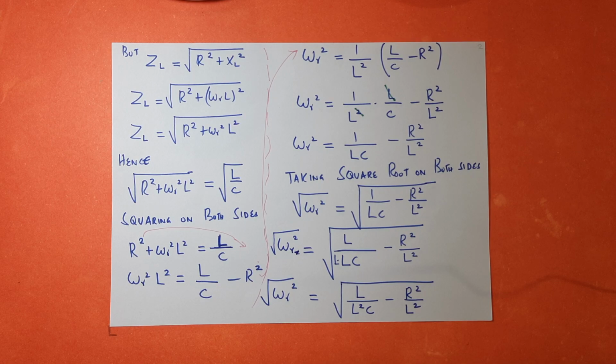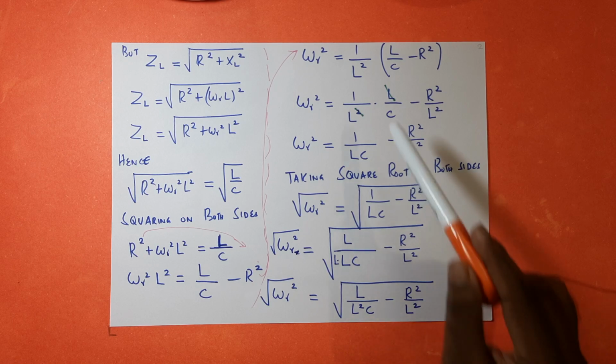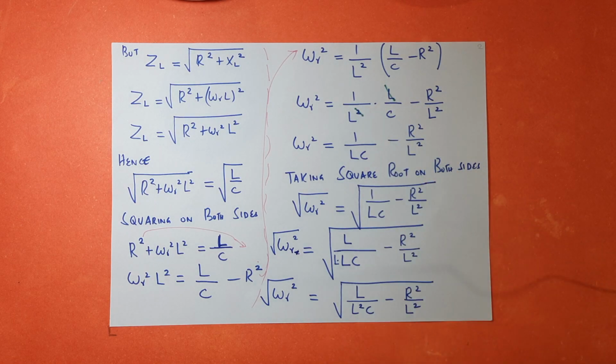Omega square equals, just multiply inside, 1 by L square into L by C minus R square by L square. So this L and the square get cancelled. Omega square equals 1 by LC minus R square divided by L square. Now you take square root on both sides. Square root of omega square equals square root of 1 by LC minus R square by L square.